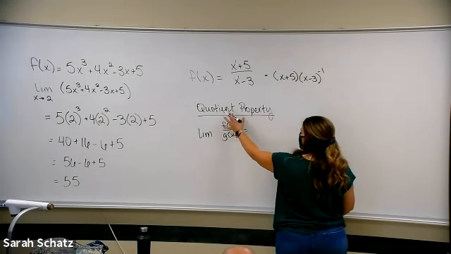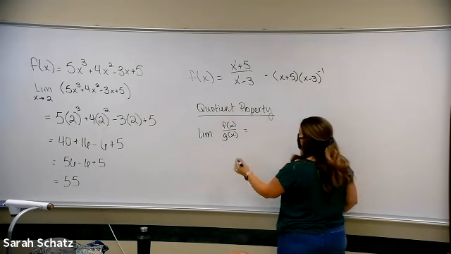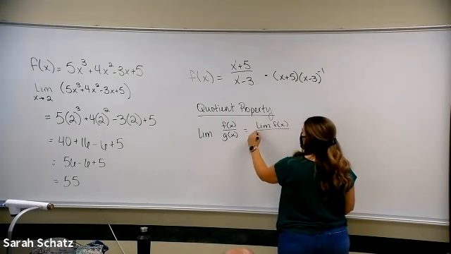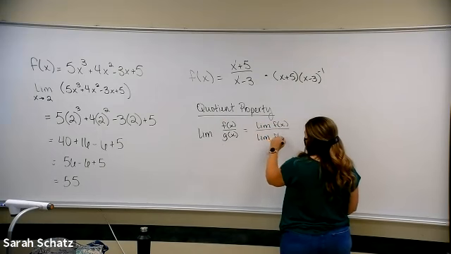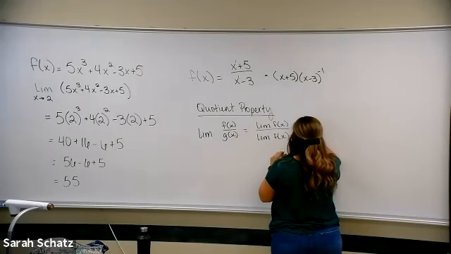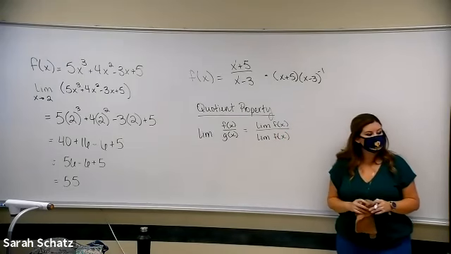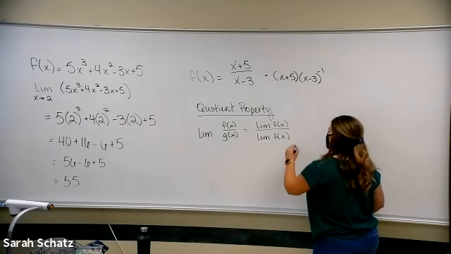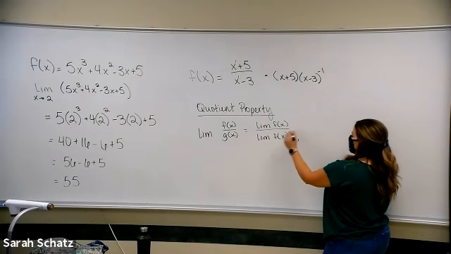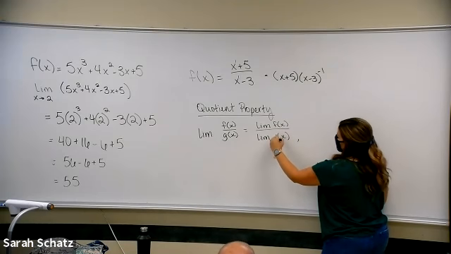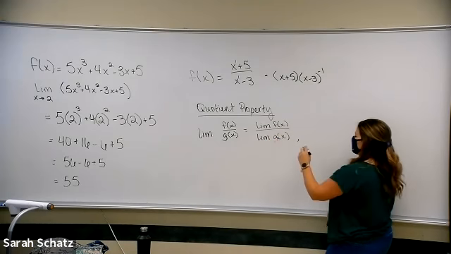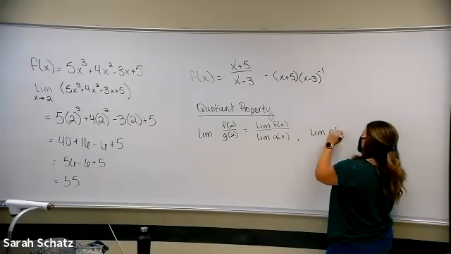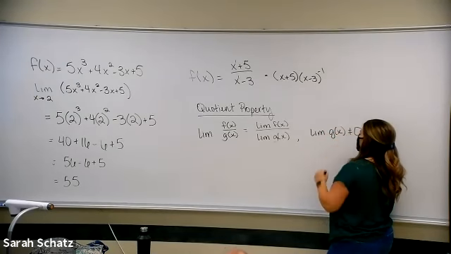If you have the limit of f of x divided by another function g of x, you can take the limit of the top and the limit of the bottom separately and just divide those two values. There's a catch: this only works as long as the limit of g of x is not 0.